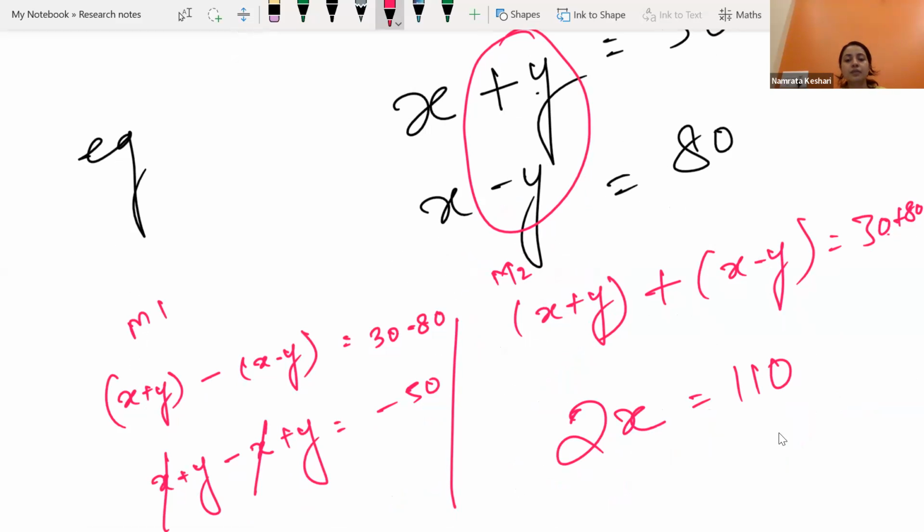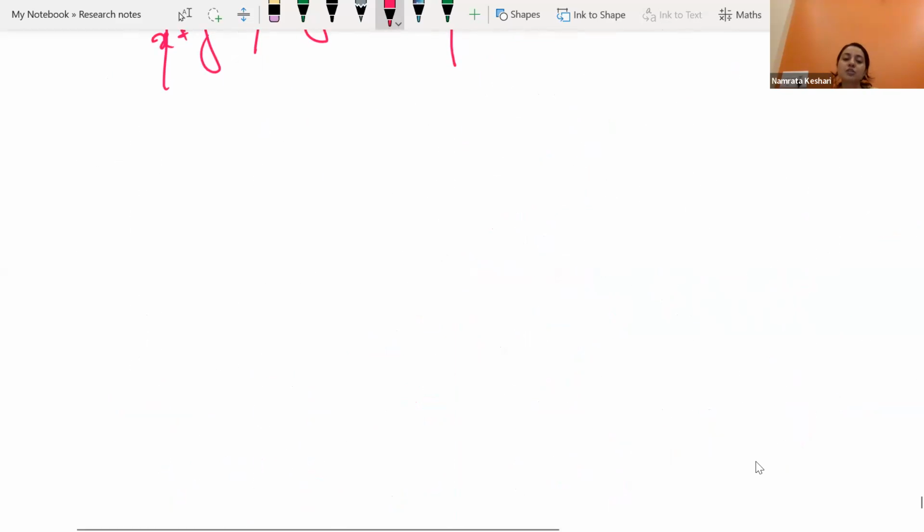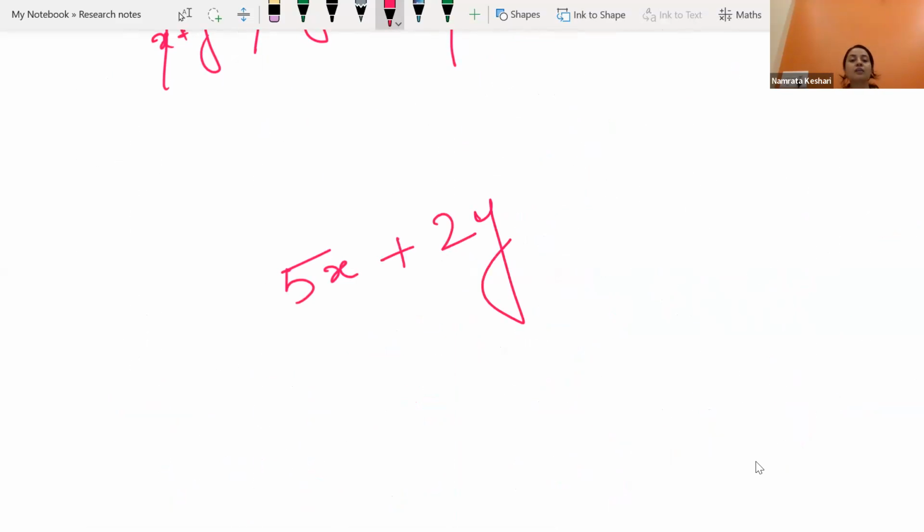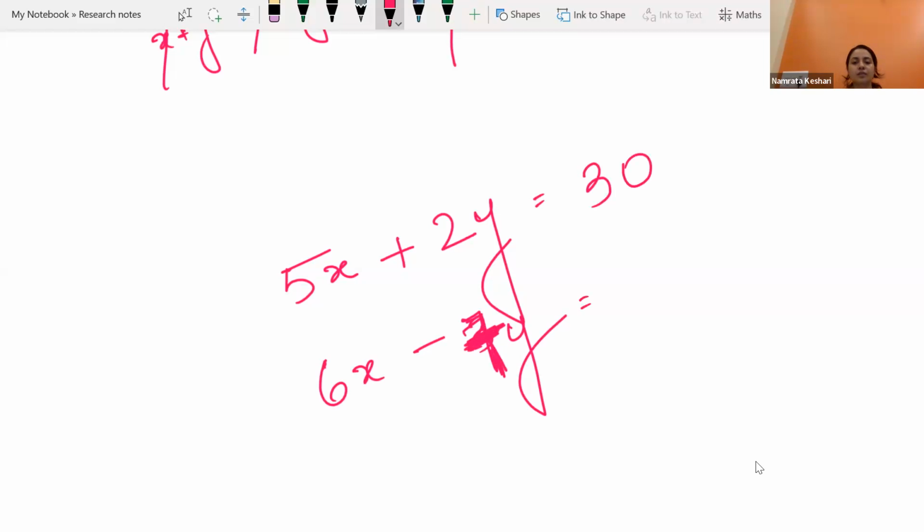Yes, ma'am. Next one, the last possibility, when you don't have anything the same and still the instruction says to use the method of elimination. We can take 2y and 7y and subtract them.